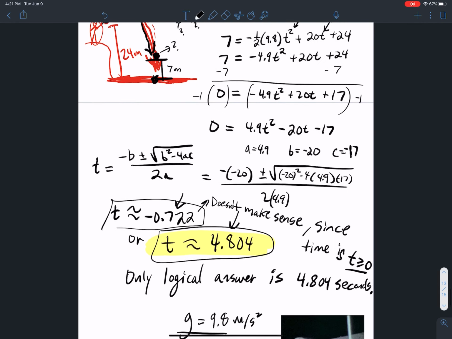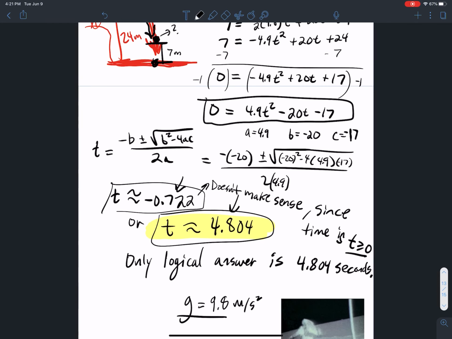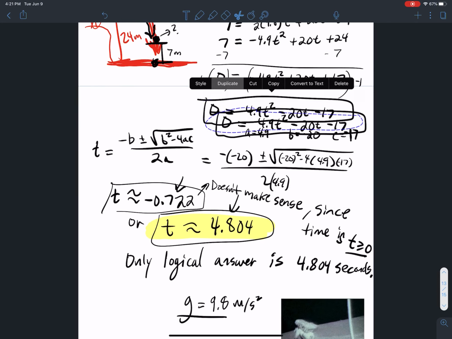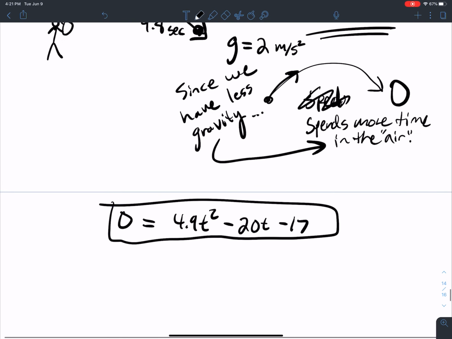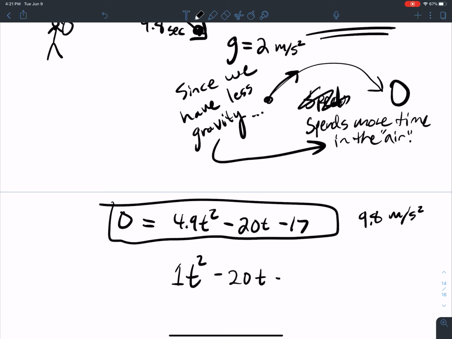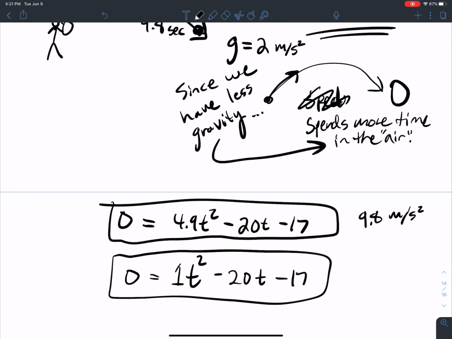And so now all of a sudden my equation goes from this right here, where it was the 9.8 meters per second squared, it becomes, let's see, 1 times t squared minus 20t minus 17 equal to 0.